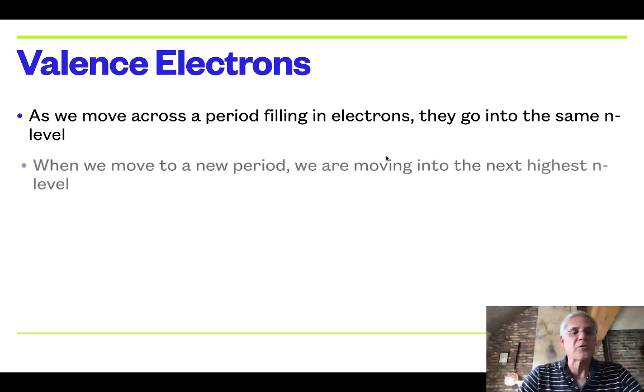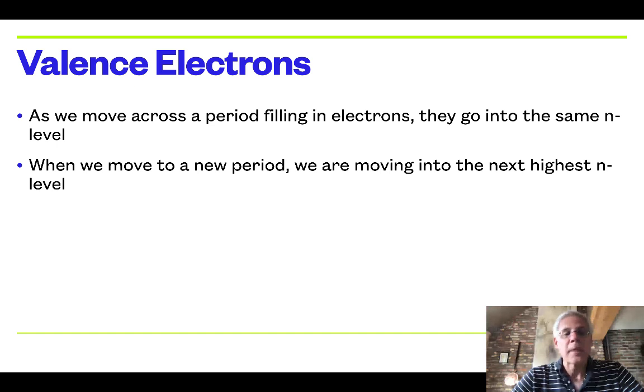When we move one period down in the periodic table, we're moving into the next highest n level. So as we move from helium to lithium, we go from n equals 1 to n equals 2. As we go from neon down to sodium, we go from n equals 2 to n equals 3.